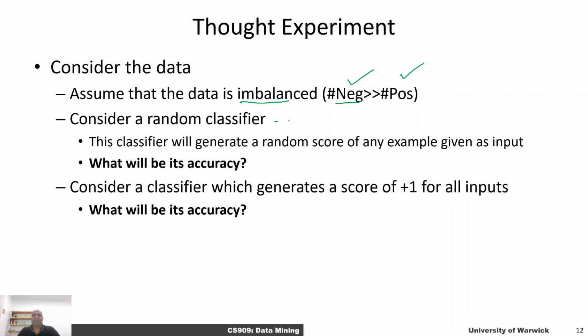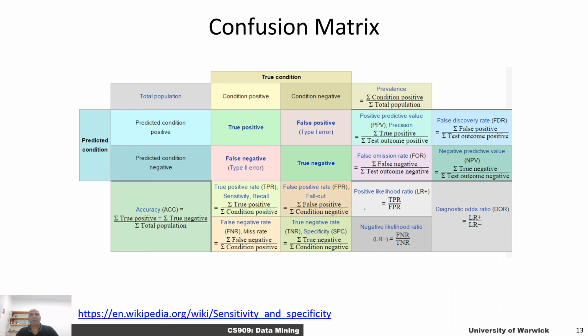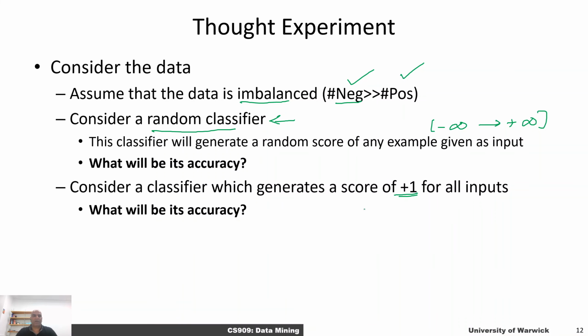In this case, if you've got a random classifier, much like the one we discussed previously, that generates random scores from -infinity to +infinity for a given example, what is its accuracy going to be? Similarly, what is the accuracy of a classifier for this particular problem if it produces a score of +1 for any example that it gets? So please go ahead and work those out. Those are going to help you understand the underlying assumptions behind accuracy.